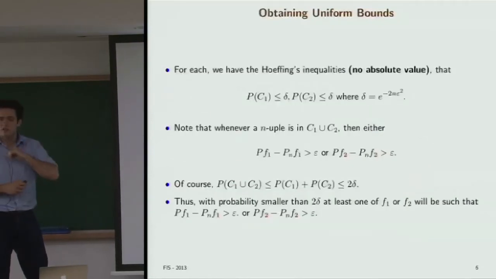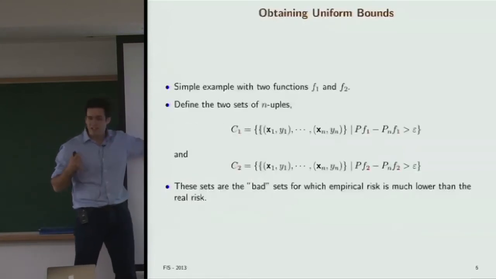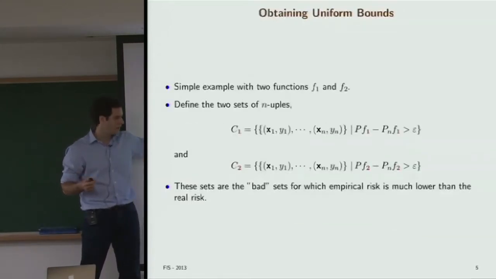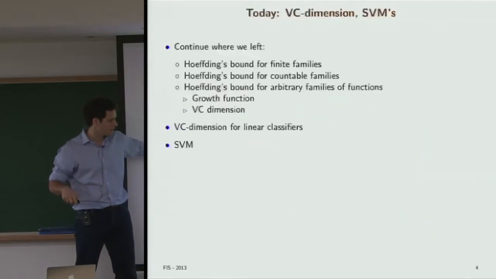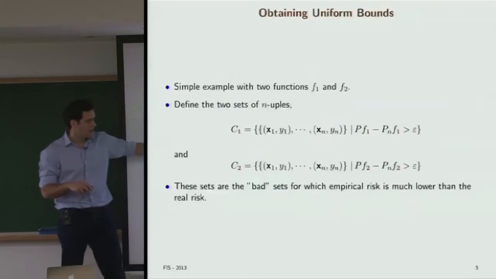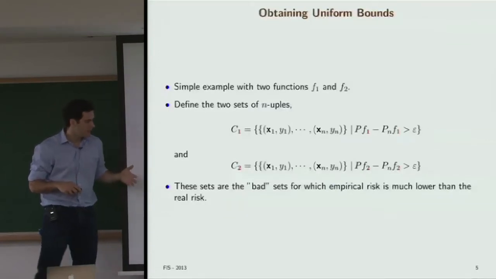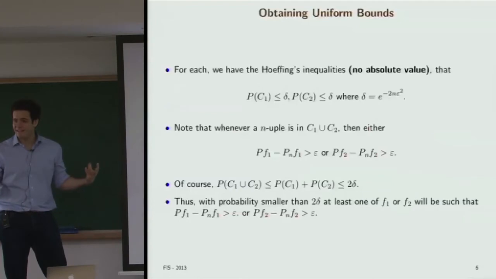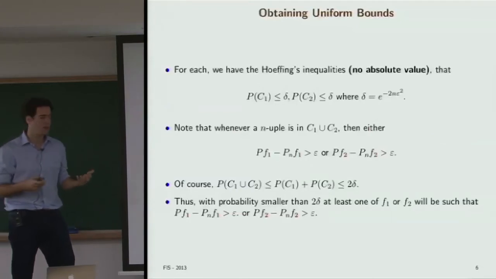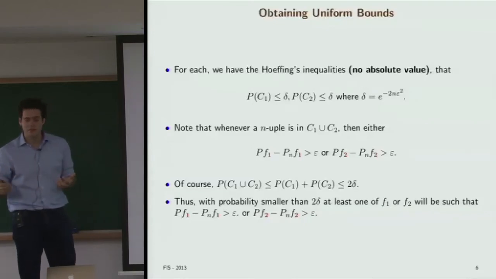If you're still not familiar with Hoeffding's bound, maybe this is not so clear, but this is exactly the meaning of Hoeffding's bound. I think it's even more clear here than in the previous definition. Here it just basically says that of all possible samples that make the empirical average deviate a lot from the true average by epsilon, if you just take their whole mass, their whole probability, well, this whole mass is smaller than delta, where delta is exponential of minus 2n epsilon squared.